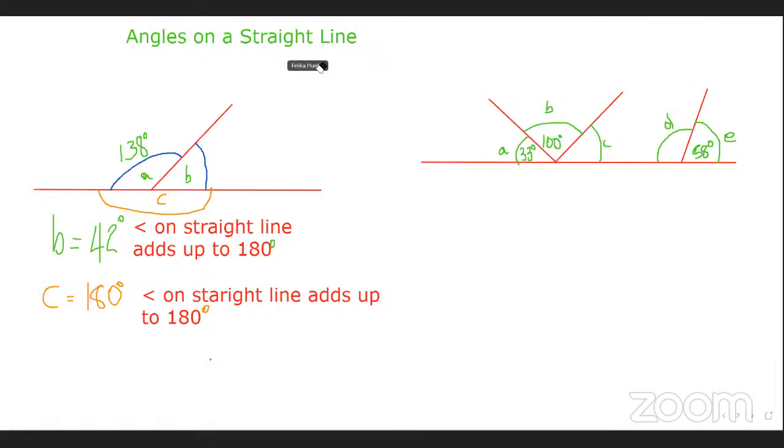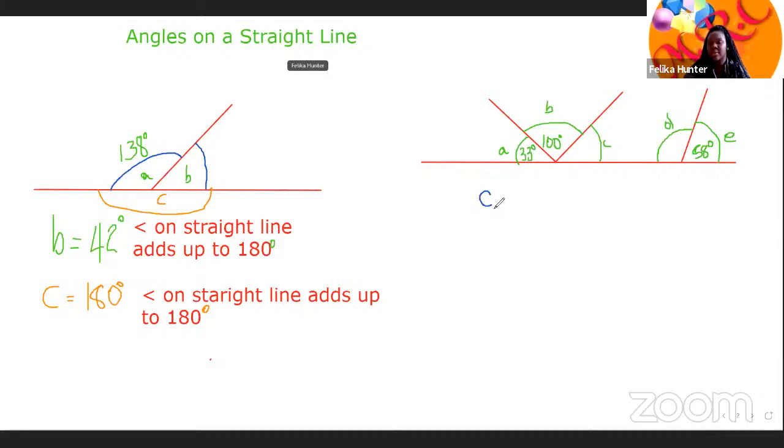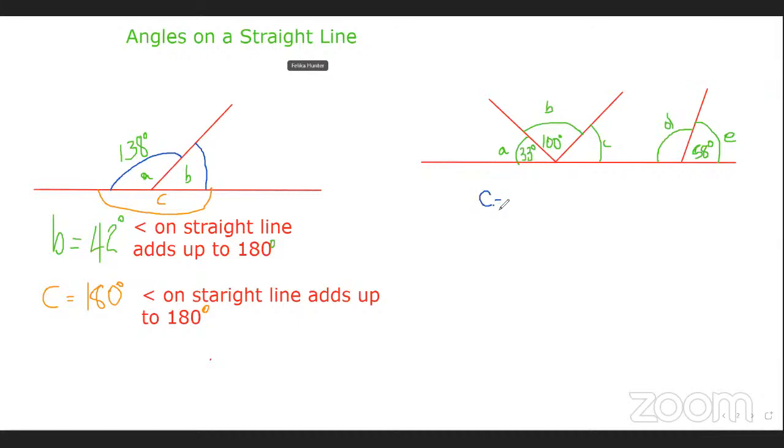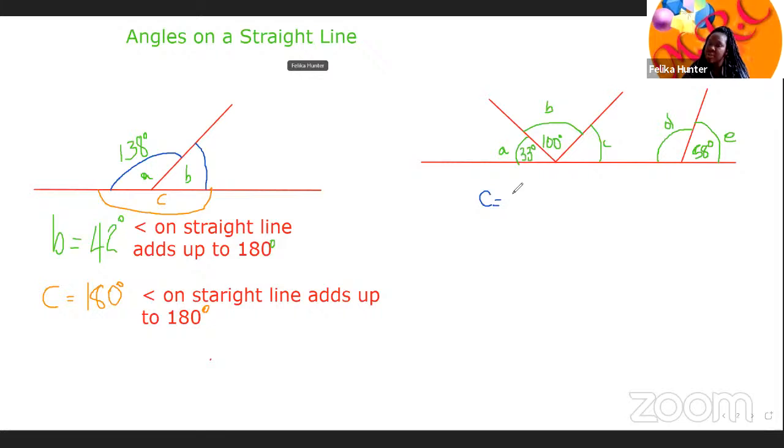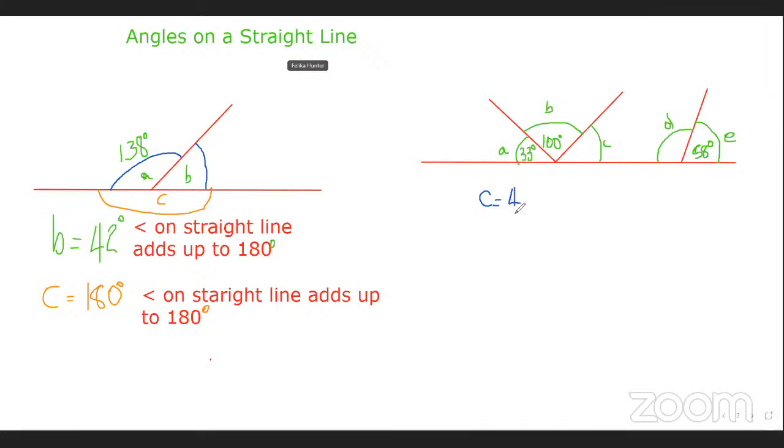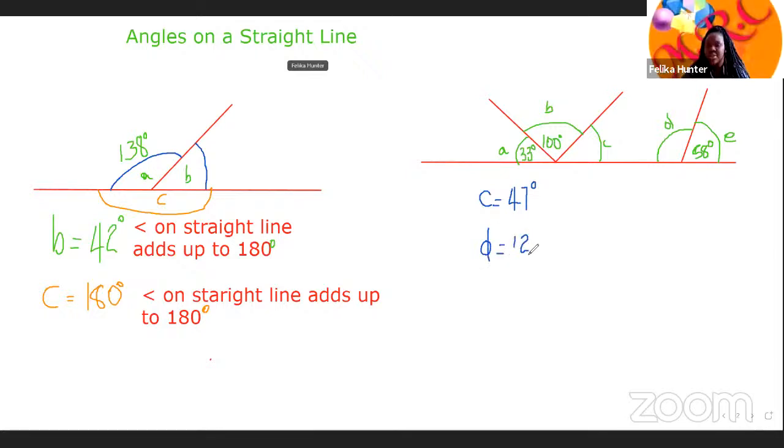So angle C is 47 degrees. And D is 122. 122 degrees. Yes, miss.